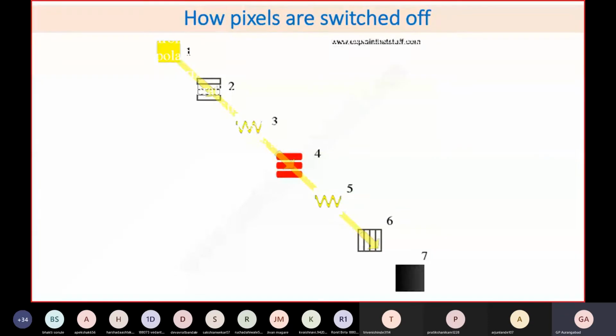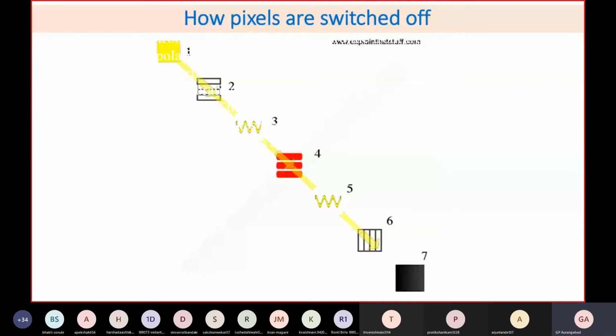So whenever these pixels are switched off, see here in figure 4, the light will remain as it is.